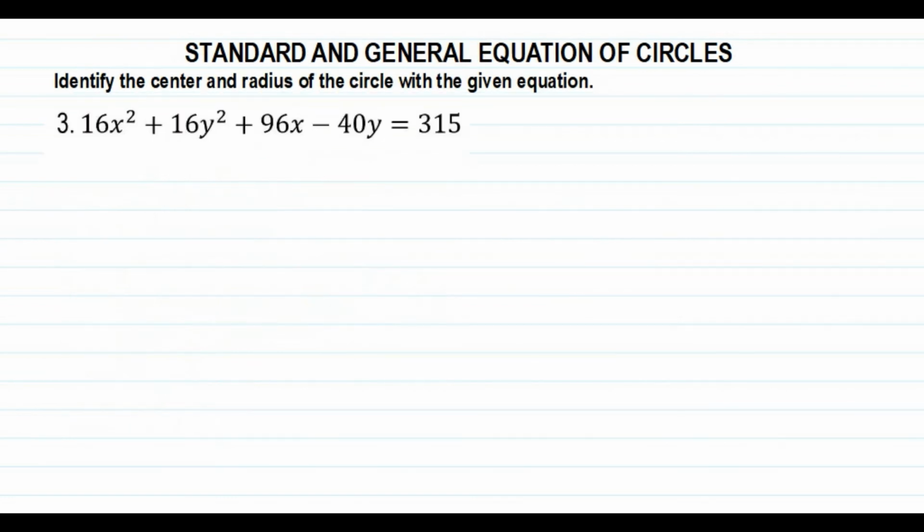Identify the center and the radius of the circle with the given equation. 16x squared plus 16y squared plus 96x minus 40y equals 315. This can be a tricky example to work with, but we will try this anyway. Kayang-kaya nyo yan.